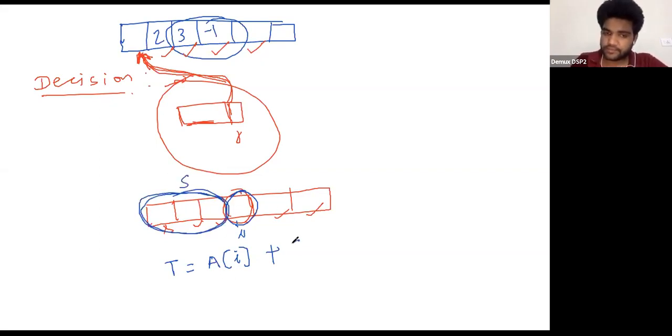Let's call this S. For this part of the array, whatever maximum subarray that you can get with this as the last. So let me explain it in a more clear way. This is not very concise.